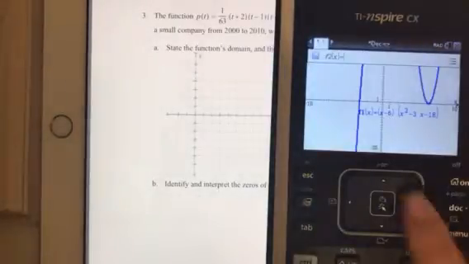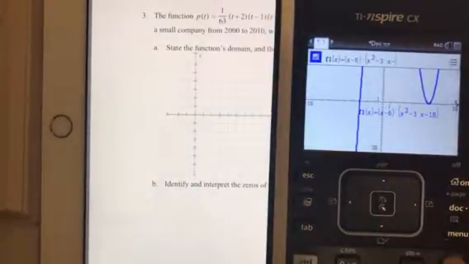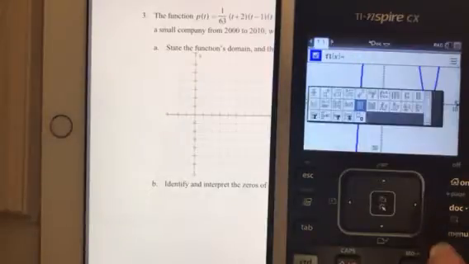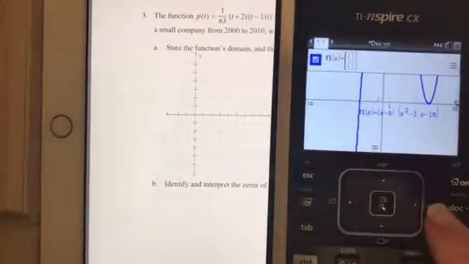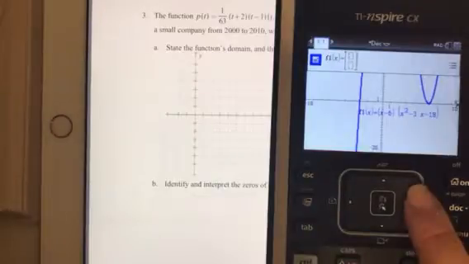Woohoo! I'm going to enter in my new equation.